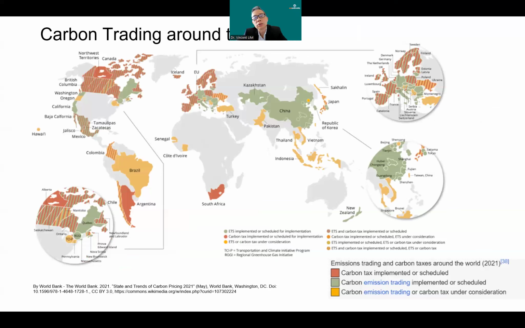There are different carbon tradings in the world. You can see from here, in the US we have Washington, Oregon, California, and Philadelphia, and a few over here too. And China is pretty active, actually very active. EU ETS is the best in the world. Indonesia, we have some. Singapore, we have one. Voluntary carbon credit.